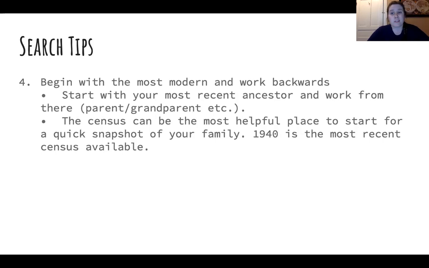It also is partly just because we have more records for the modern era in some cases, so you're going to find more, and that's going to give you more avenues to keep searching. As I mentioned, the 1940 is the most recent census available, so my advice would be to try to start by searching the 1940 census.